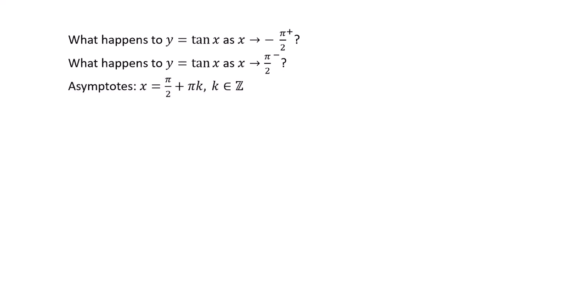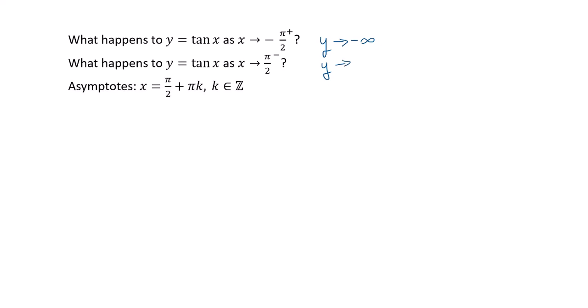What happens to y equals tangent of x as x approaches negative pi over 2 from the right-hand side? The behavior is that y will approach negative infinity. And what happens to y equals tangent of x as x approaches positive pi over 2 from the left-hand side?